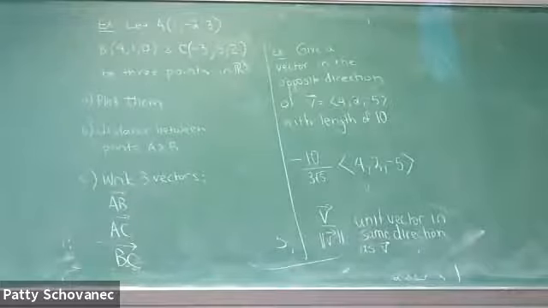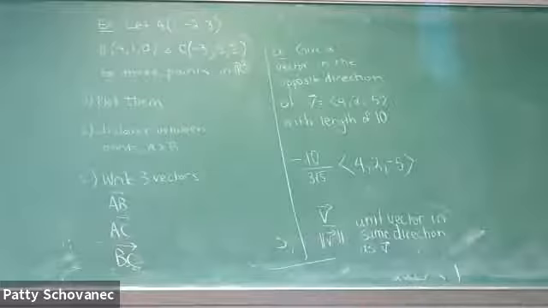Is positive x towards us? Yes, positive x is towards you. So that's what I drew that cube over there for. Let me draw it big over here. Maybe this helps you visualize the coordinates.